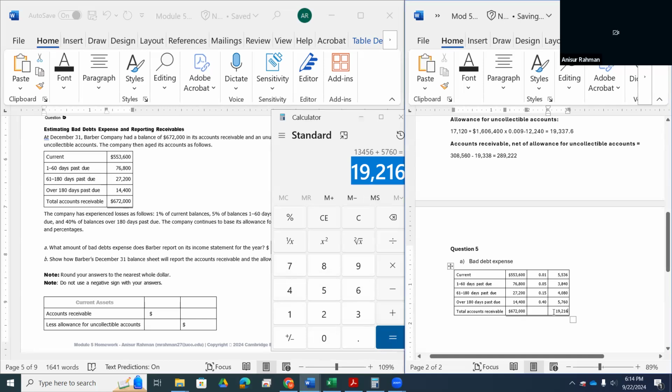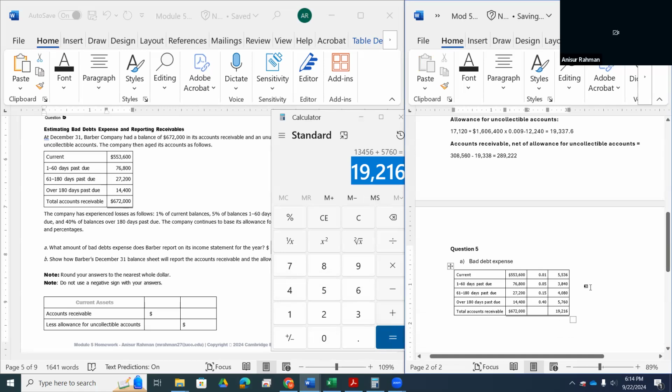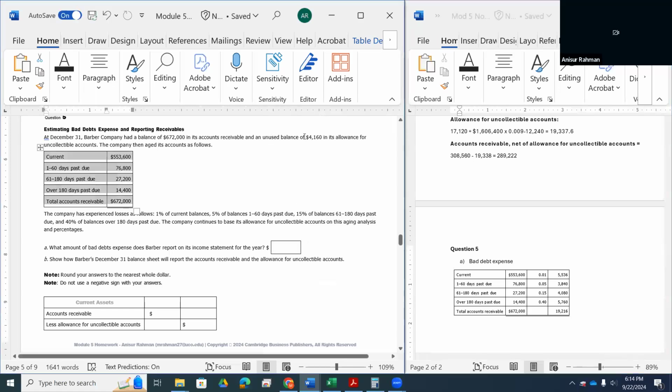So that is the amount that the company thinks it may not be able to collect. So that is the allowance for uncollectible accounts. At the same time, that is the amount for bad debt expense. However, remember it has an unused balance of 4,160.